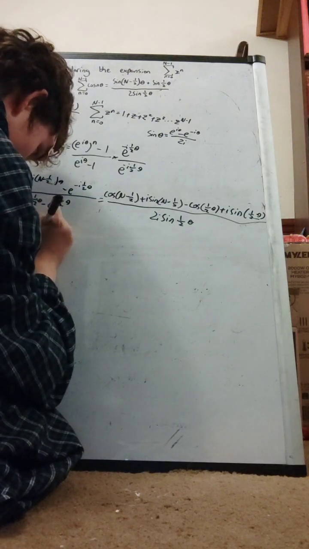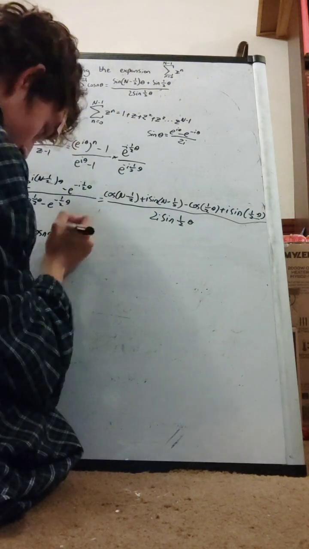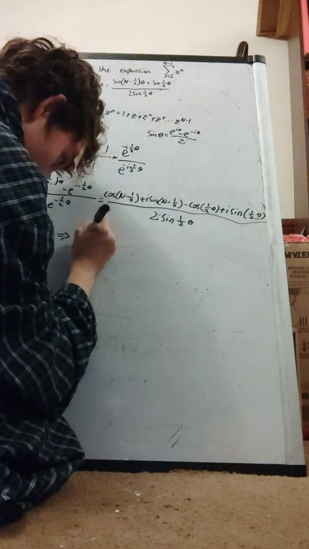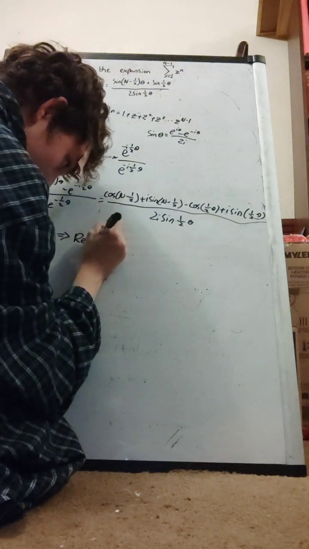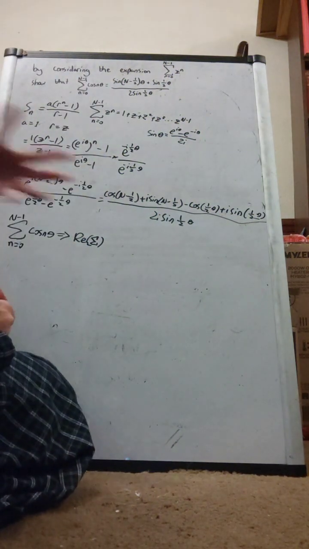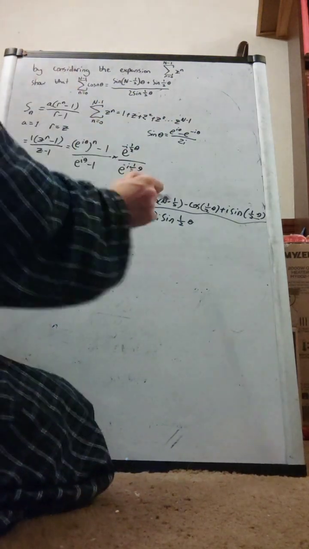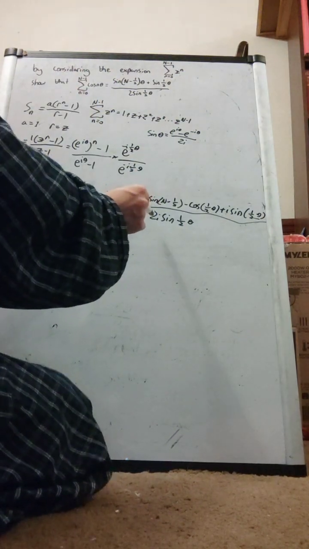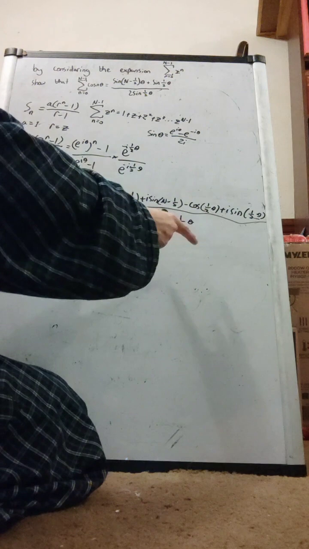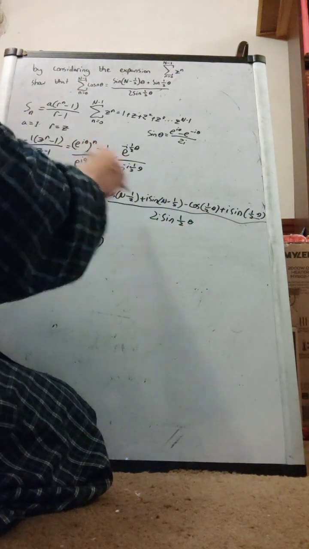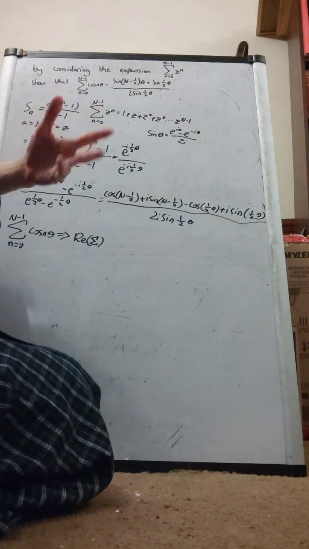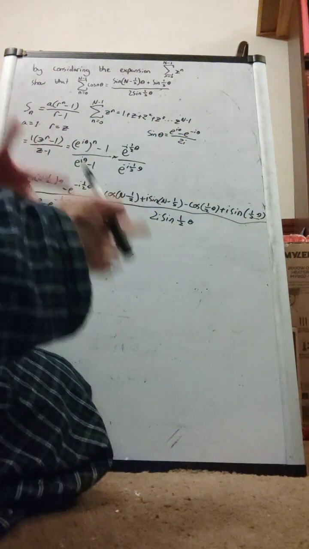It's asking for cosine n theta, which is the real part. Let's see if I can draw a better segment. There you go. The real part of this sum. We're looking for any part without a complex number, which is typically the cosine, but here it's not going to be the cosine. If we look here, we have a 2i in the denominator and 2i's here in the numerator, so they'll cancel out, and the cosines will be left with a division factor of i.